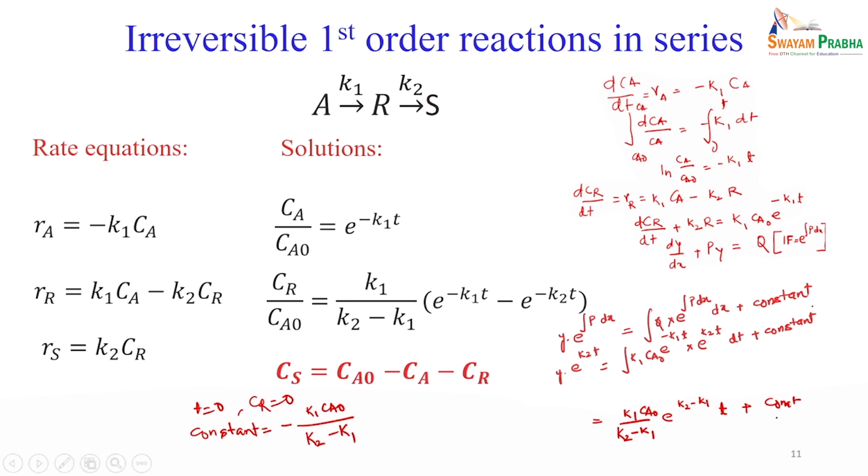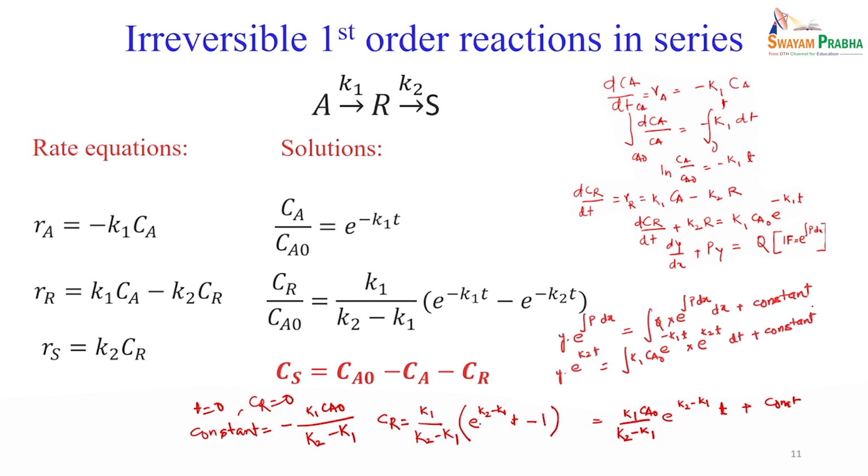So, if you put the value over here, you will get the value of Cr is equal to k1 upon k2 minus k1, under bracket e to the power k2 minus k1 t minus 1.